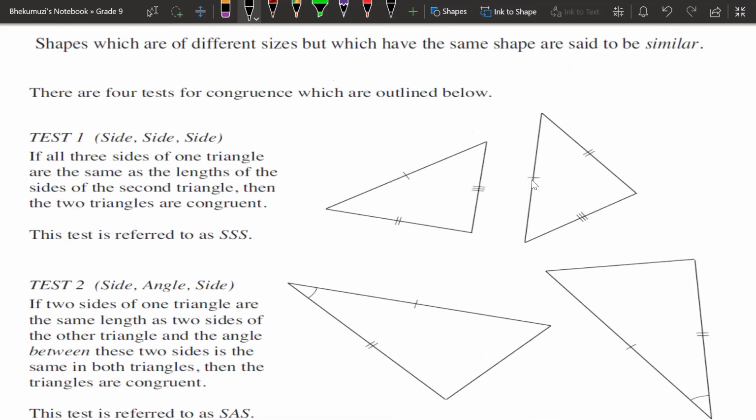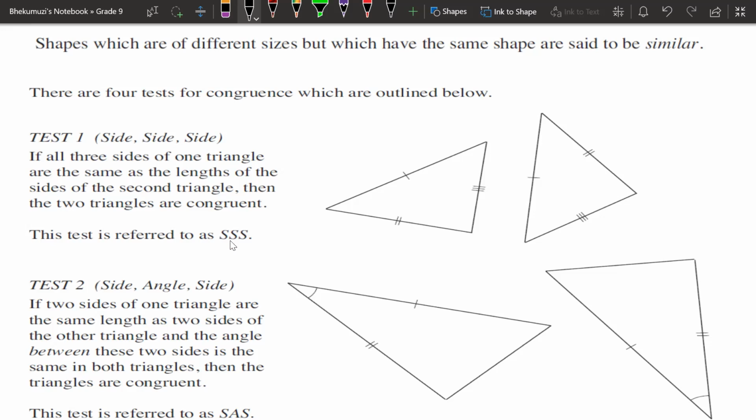It means that this side is equal to that side. This side is equal to that side as well. And then this side is equal to that side. So you can see that in actual fact, the first test is that if all the sides of the triangle are equal to each other individually, then you do have what you call a congruent triangle.